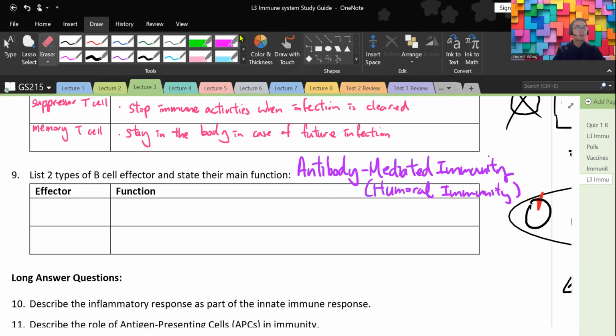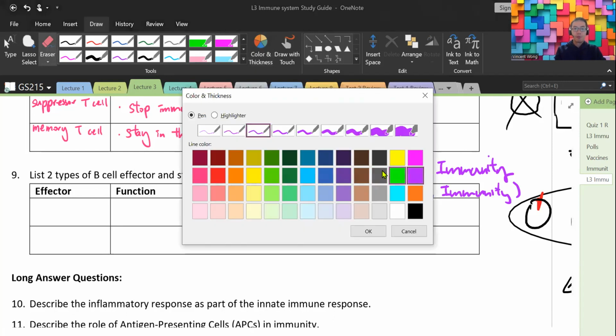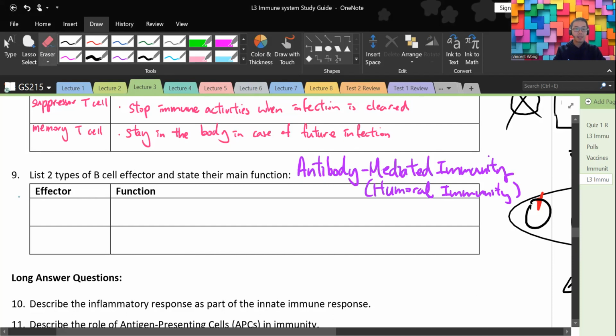Right? So we have two types of effectors for our B cells. They could become plasma cell, or they could become memory cell, memory B cell. Okay, so the function of plasma cell is to mass produce antibodies.